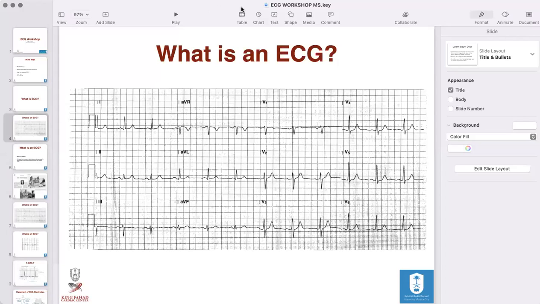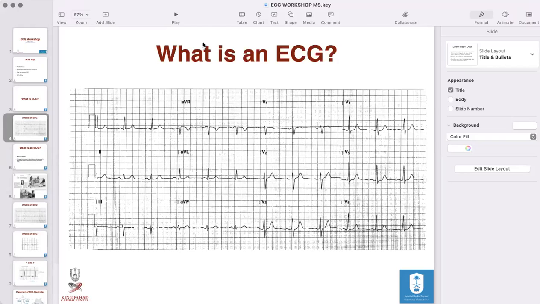Who raised his hand can proceed. Okay, Abdul Karim says electrocardiogram, excellent. Muhammad Azir. So yes, electrocardiogram or electrocardiography. And if you go in North America, they call it EKG.